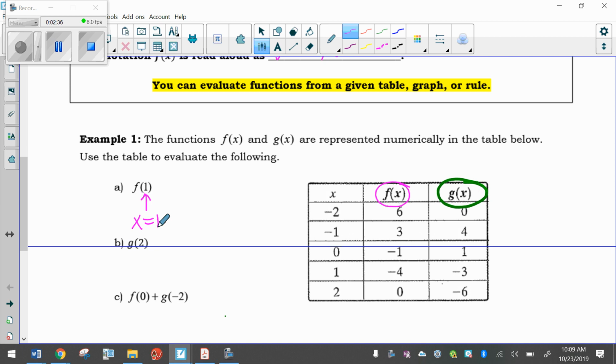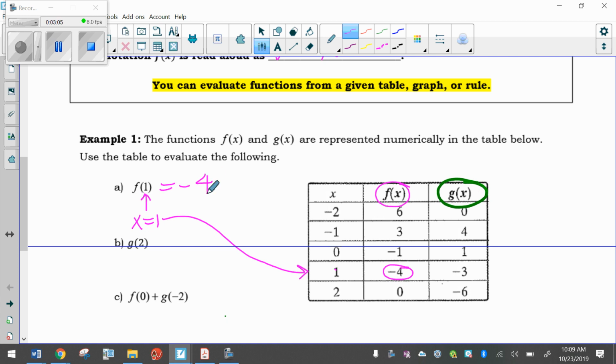So we're going to come over to our table, and we're going to look down the column where the x's are, and we're going to find that 1. So here it is. And this point that we're looking at is we need the y value that goes with this 1 when we're in the f of x column. So that answer is -4.